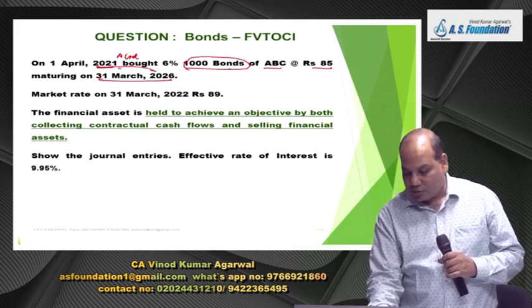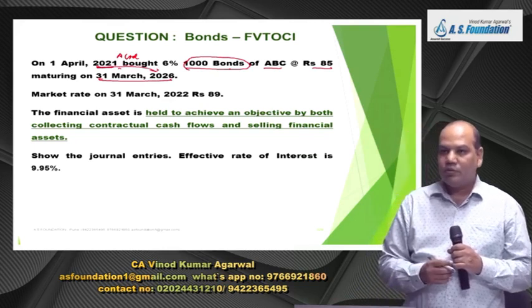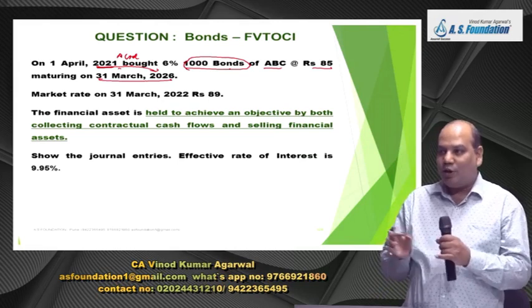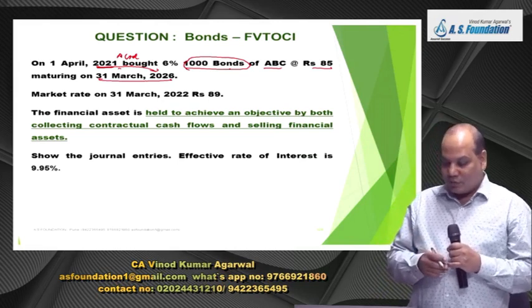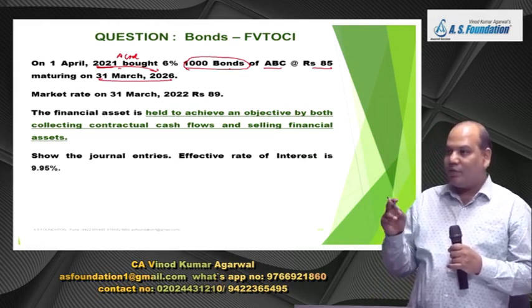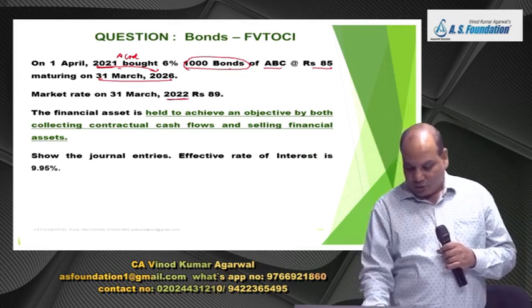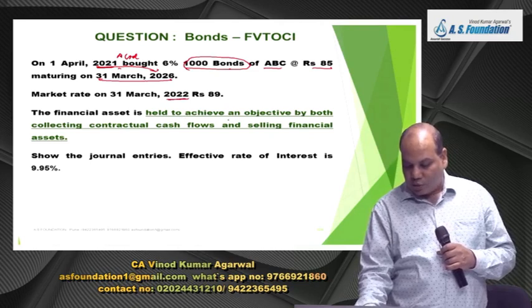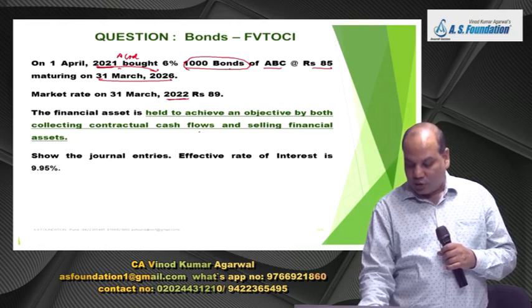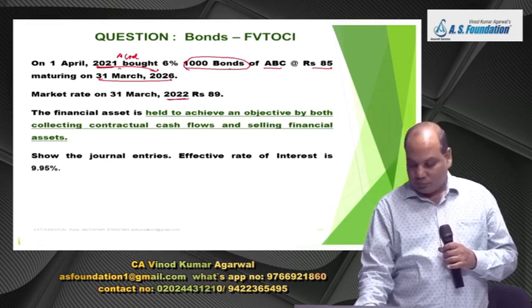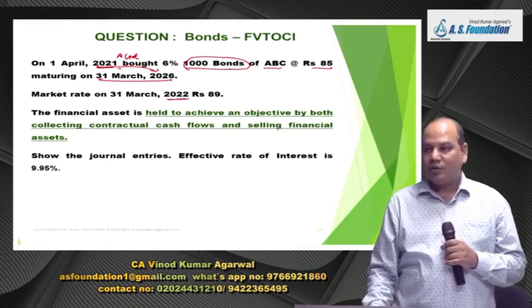So how many years? 5 or 6? 5. This is April to March. Okay. Market rate is 89. That is fair value at the end of the year 1. The financial asset is held to achieve an objective of both collecting contractual cash flow and selling the financial asset.